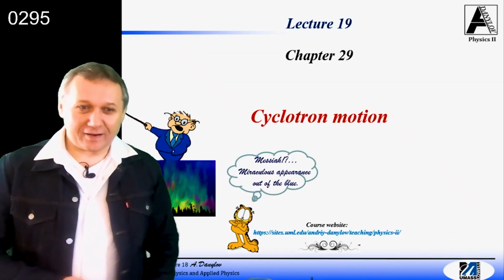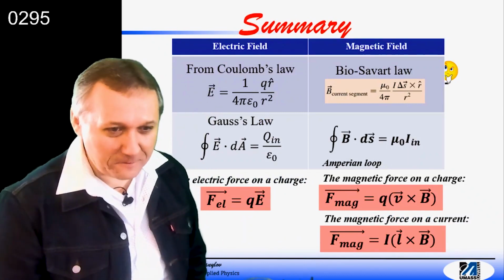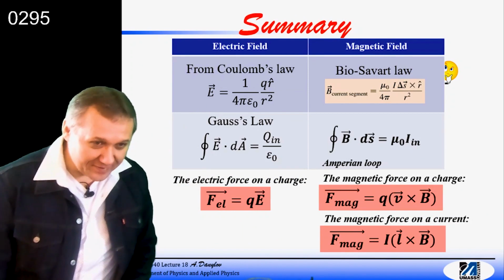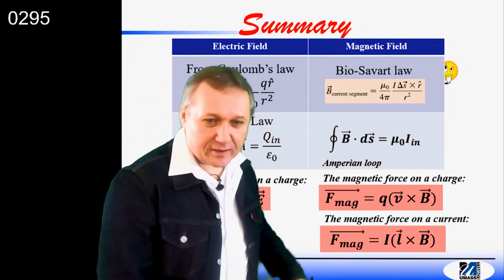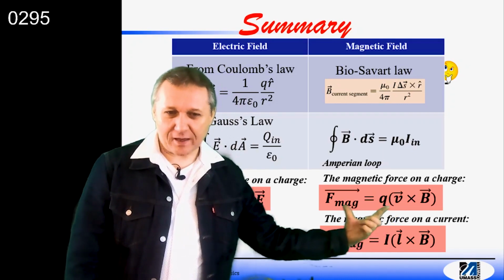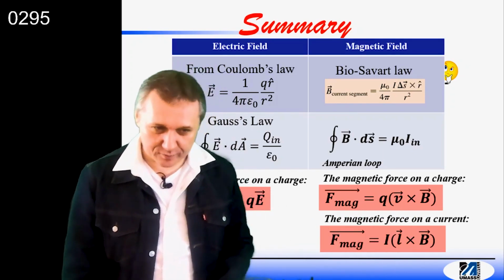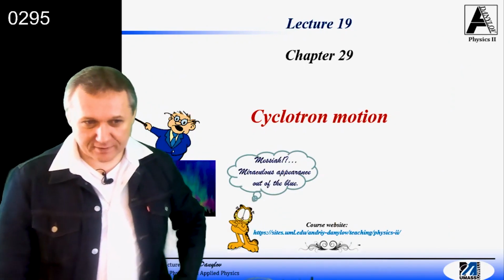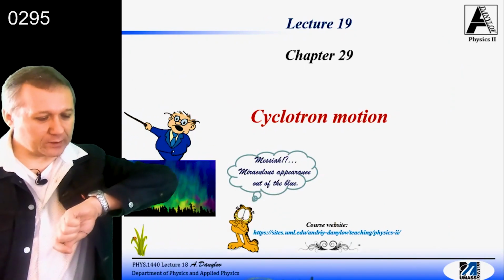And so now, all right, let's look at some applications of these magnetic forces, using our fundamental formula, F equals Q V cross B. And we're going to introduce the cyclotron motion. Okay, we still have a few minutes.